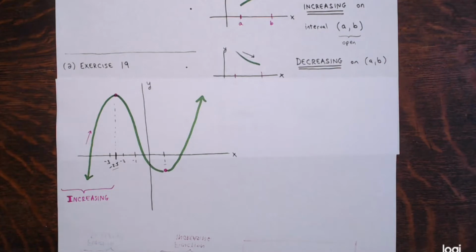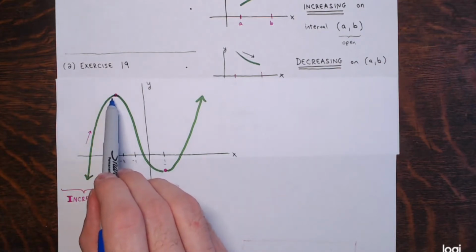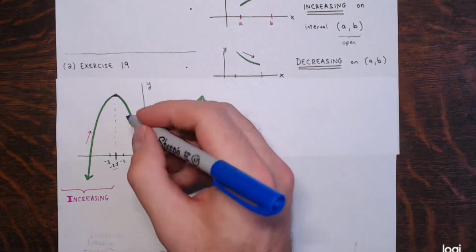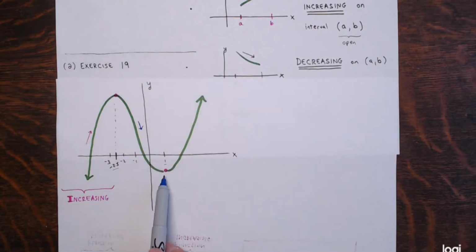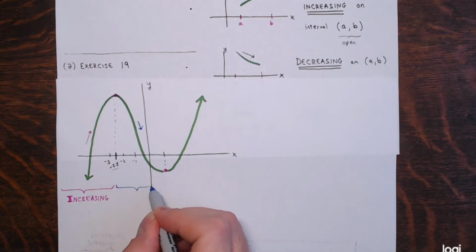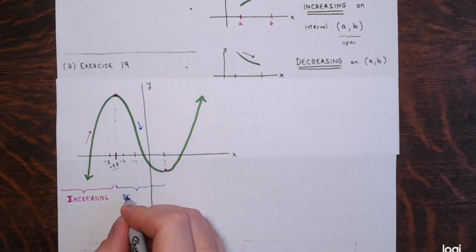Then, from this point at the top of this hill, keep going left to right, the y coordinates are going down, where our function is decreasing up until the point at the bottom of this dip or valley underneath x equals 1. So from -2.5 on the x-axis up until x equals 1, the function is decreasing.